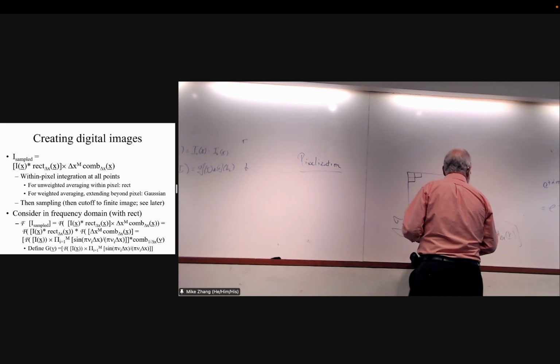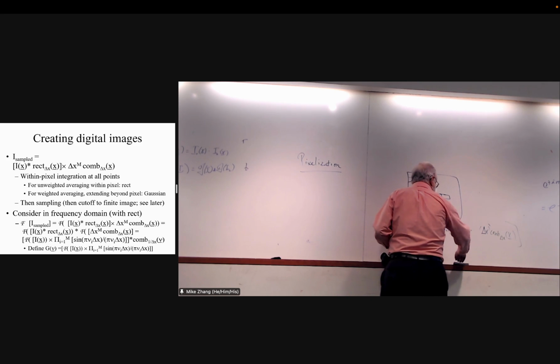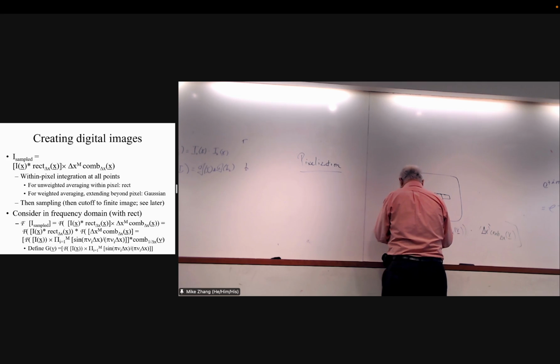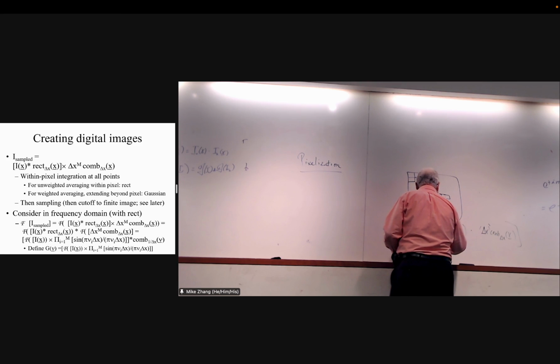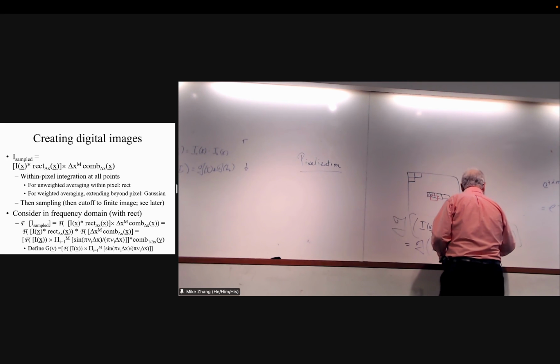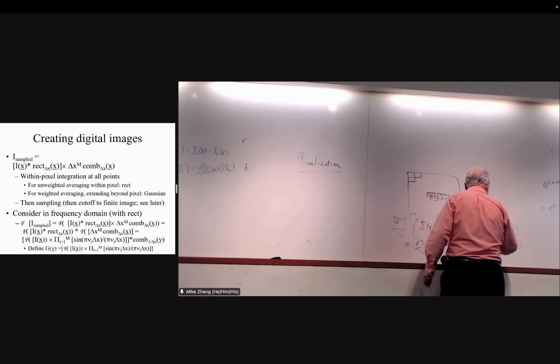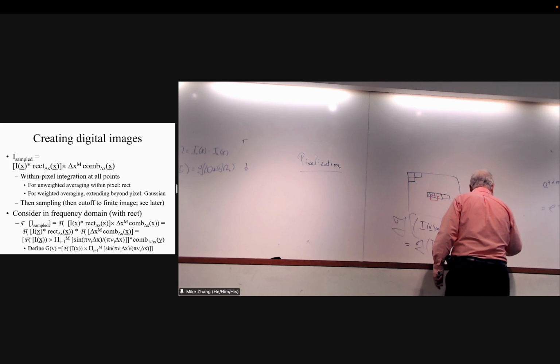So, the Fourier transform of this thing is the Fourier transform of I convolved with rect, convolved with the Fourier transform of this guy, which, if you go back to our earlier result, drops the delta x factor and just turns out to be comb sub 1 over delta x of nu.